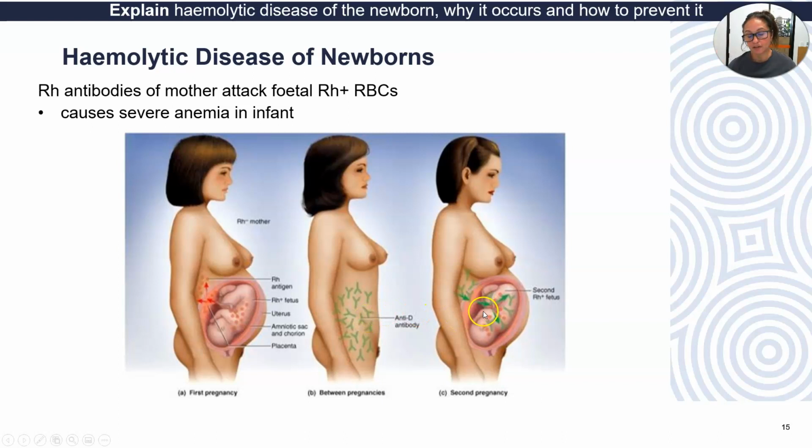And so mum's antibodies go through the placenta and then will kill the baby's red blood cells, and we can't have that. Okay, so she's given medicine to stop this from happening. And don't forget that the definition of anemia was a problem with your oxygen transport.